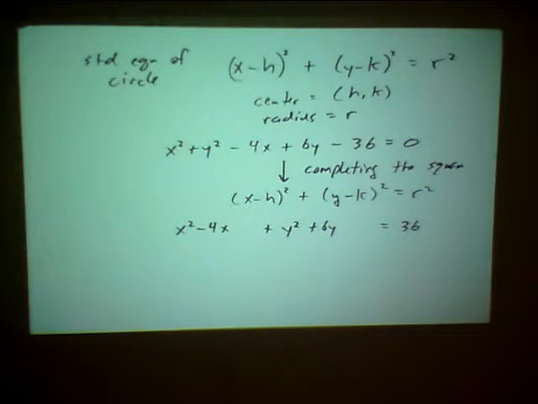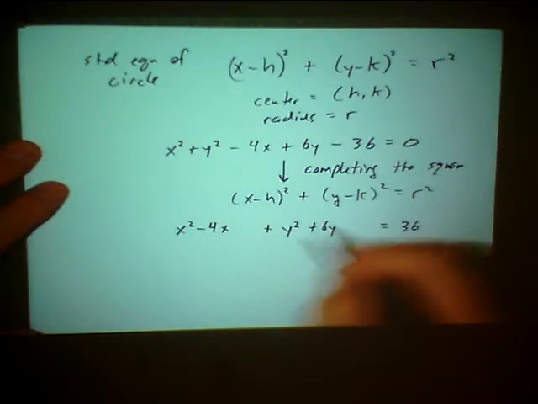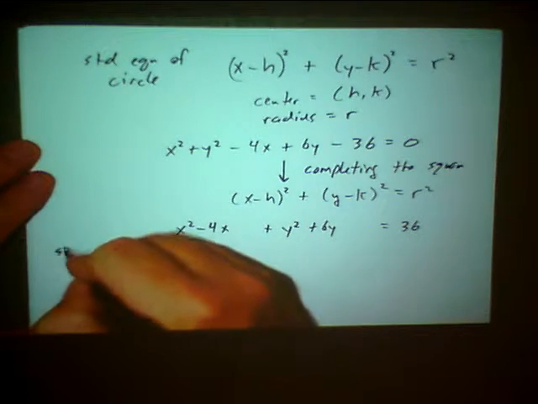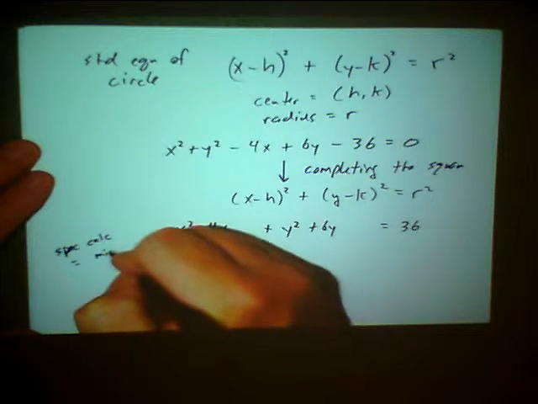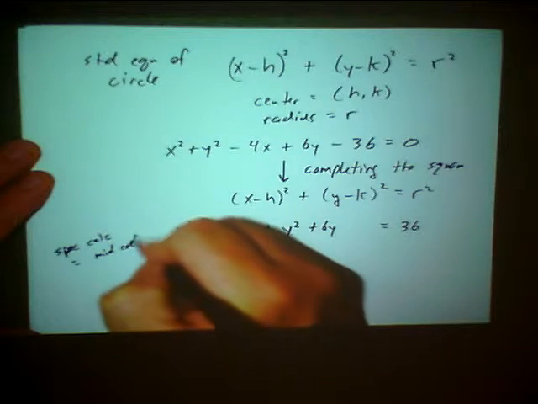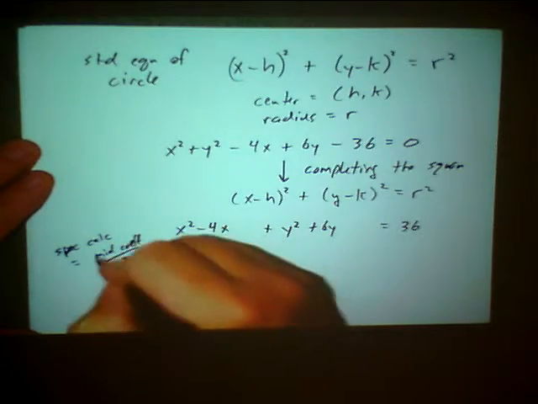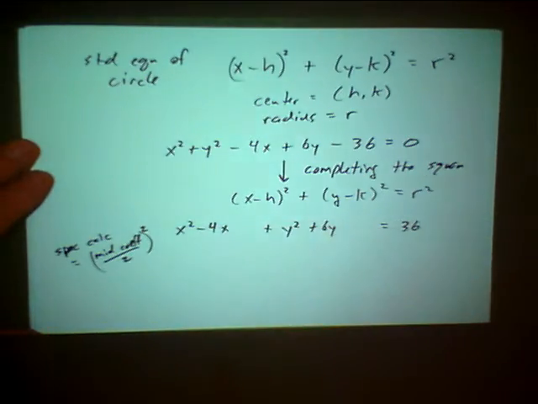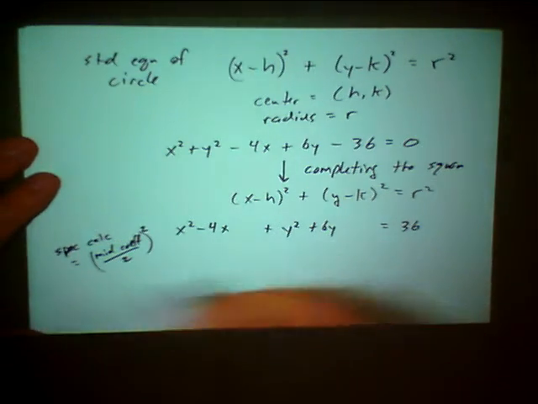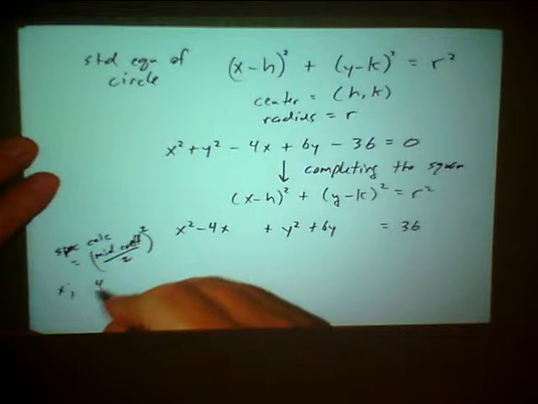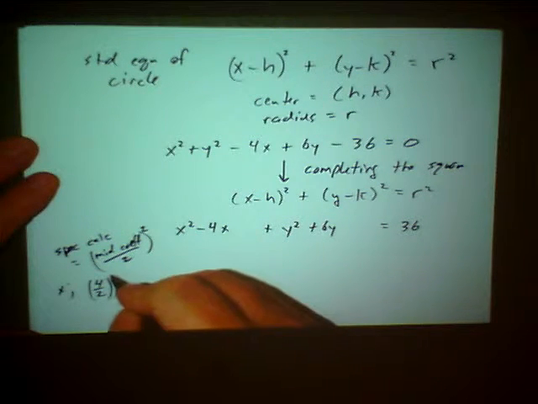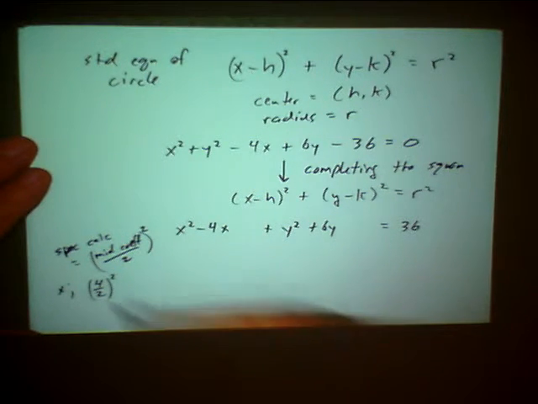Now I'm going to perform my special calculation, first for the x's and then for the y's. Remember, the special calculation is the middle coefficient divided by 2, and then you square it. So for the x's, the middle coefficient is 4, divided by 2, and you square it.